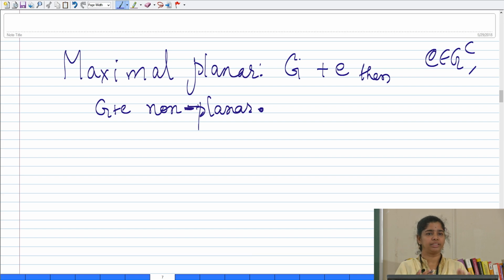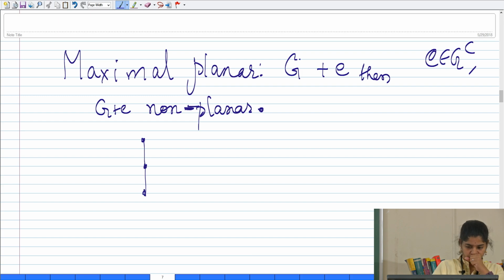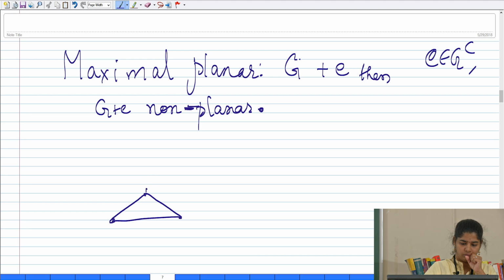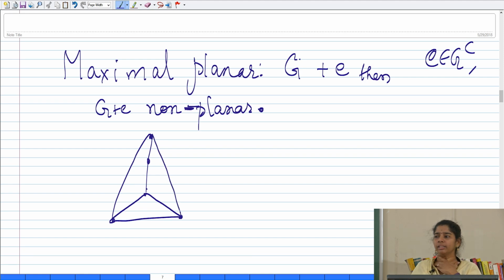If I keep adding edges to a graph, how long can I keep adding them, and where will I add an edge to maintain planarity?